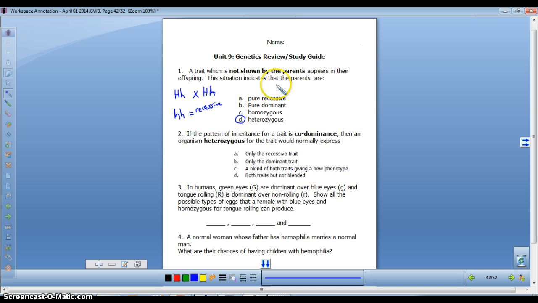Right. Okay, good. You got it. If the pattern of inheritance for a trait is codominance, then heterozygous organisms in codominance both are expressed equally.